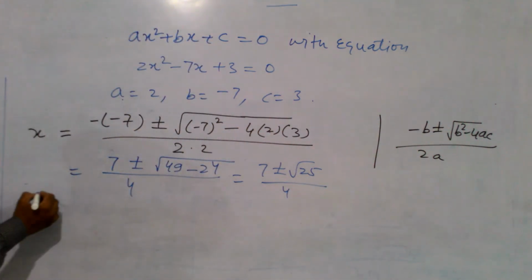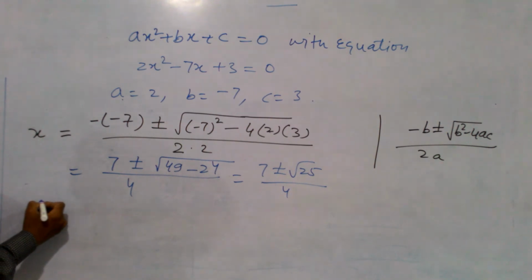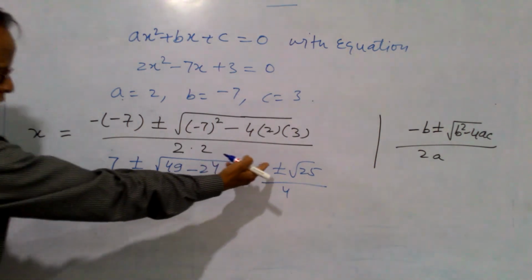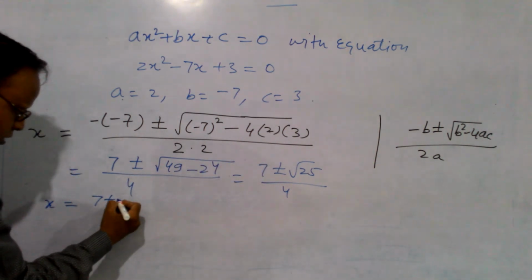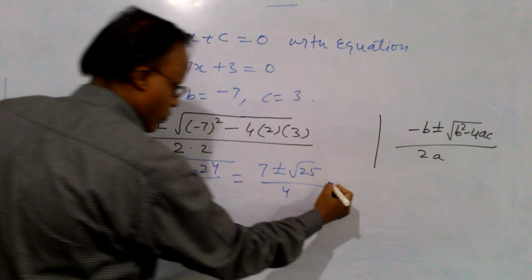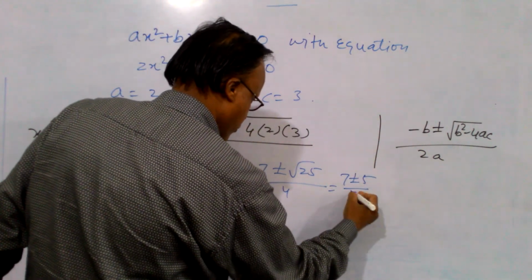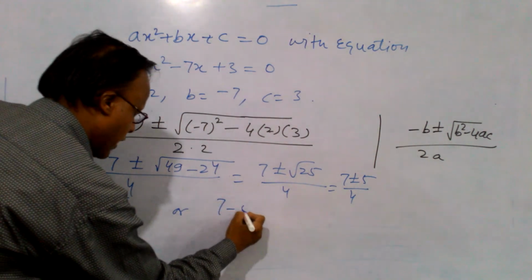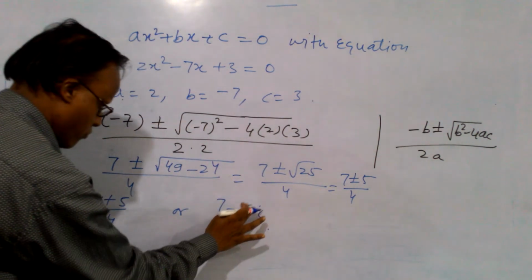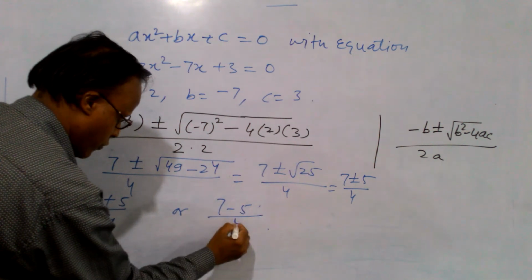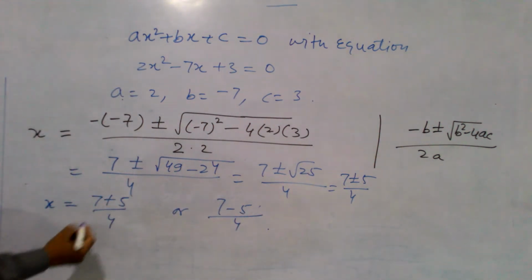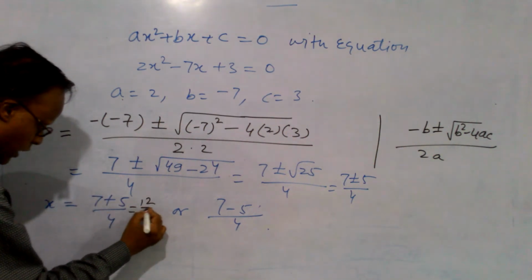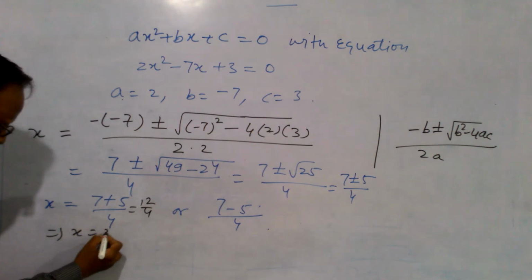So the solution of the given equation, or roots of the given equation, alpha and beta, or solution x, taking one time plus and one time minus. So root 25 is 5, this is equal to 7 plus minus 5 upon 4. So 7 plus 5 upon 4, or 7 minus 5 upon 4. 7 plus 5 upon 4 is 12 by 4, and it comes out, this implies x equal to 3.